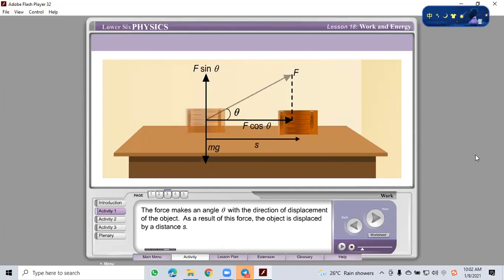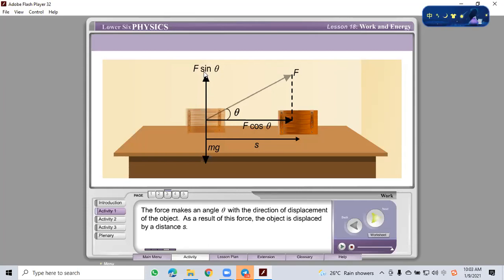The force makes an angle theta with the direction of displacement of the object. As a result of this force, the object is displaced by a distance s. When we resolve F into the same direction as the displacement, it will be F cos theta for the horizontal component.